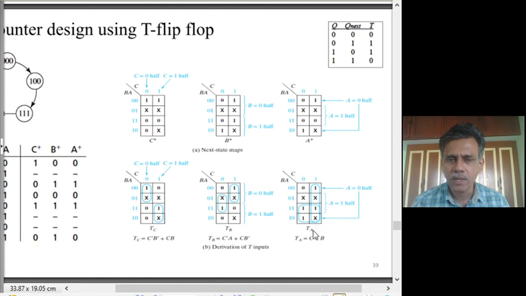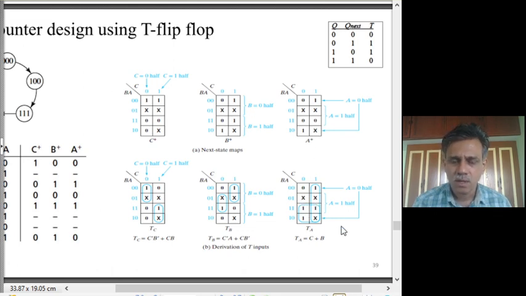So how do we derive the TA K map? Just copy the A is equal to 0 half portion. 0 1 1 X is copied as 0 1 1 X. A is equal to 1 half is inverted before copy. X 0 0 translates to X 1 1.